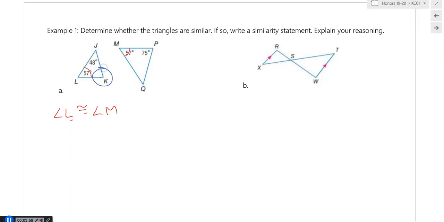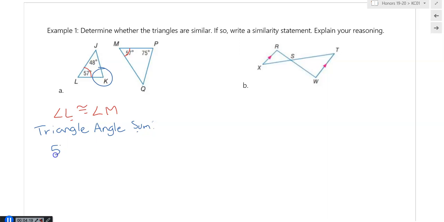Let's find K. Why not? By using that triangle angle sum theorem. Okay, you could just as easily find Q. It doesn't matter. Just find one of your angles.